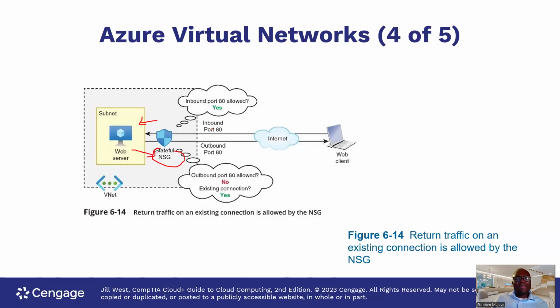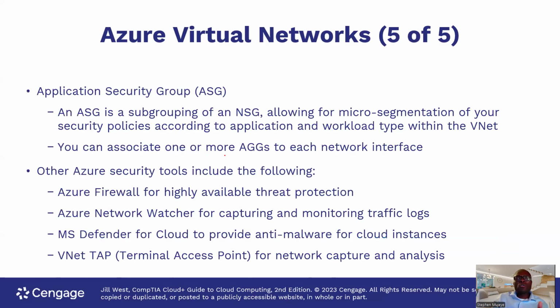And so you can see there inbound port number 80, outbound port number 80, right? So this is going to look at traffic based on those port numbers as it is coming to the network or leaving the network.